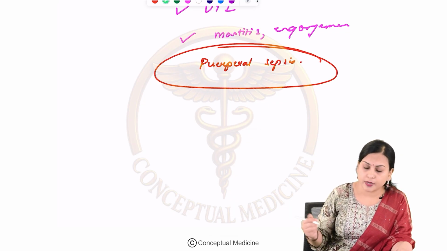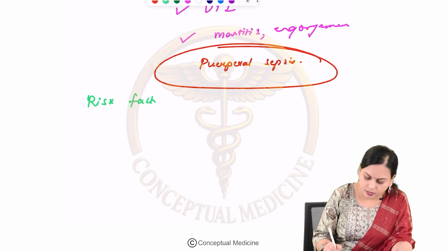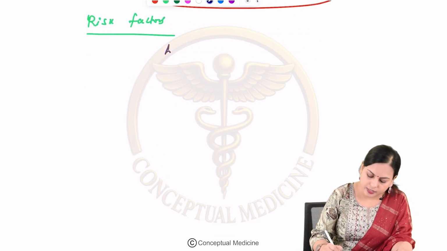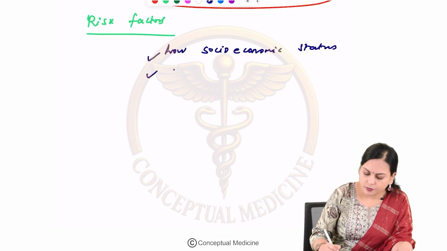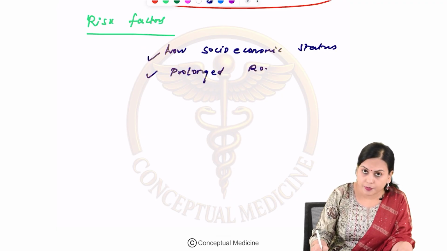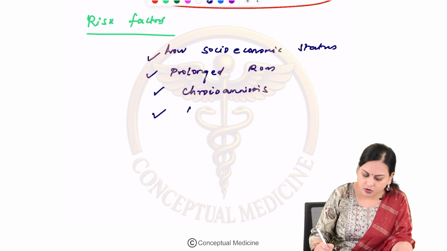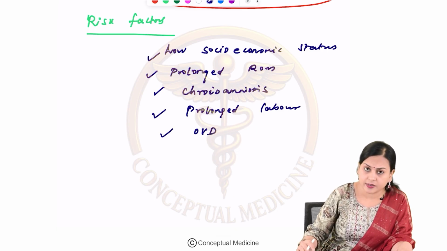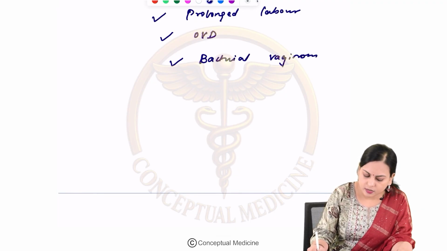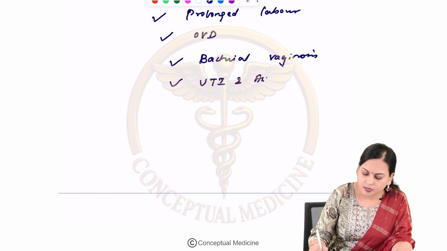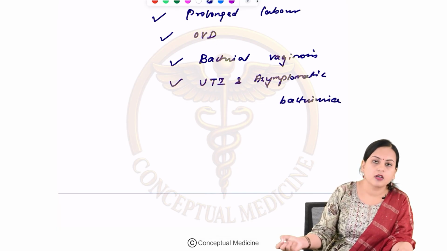The risk factors for puerperal sepsis include low socioeconomic status, prolonged rupture of membranes, chorioamnionitis, prolonged labor, operative vaginal delivery, bacterial vaginosis, urinary tract infection, and asymptomatic bacteriuria. So, all these causes can lead to puerperal sepsis.